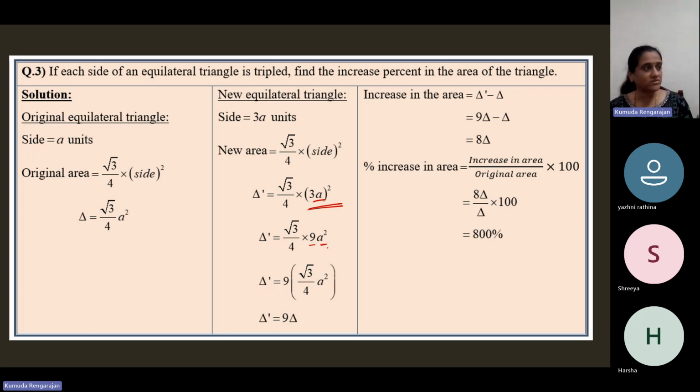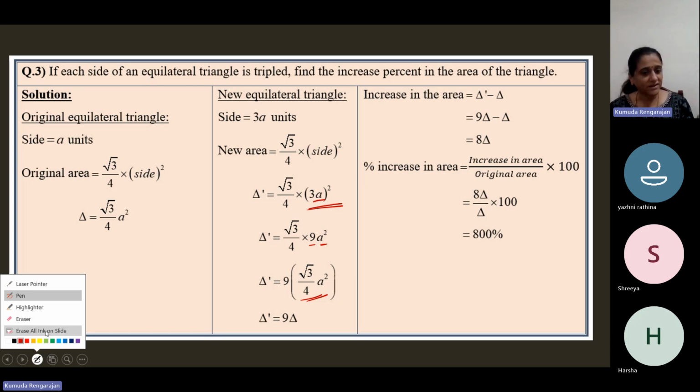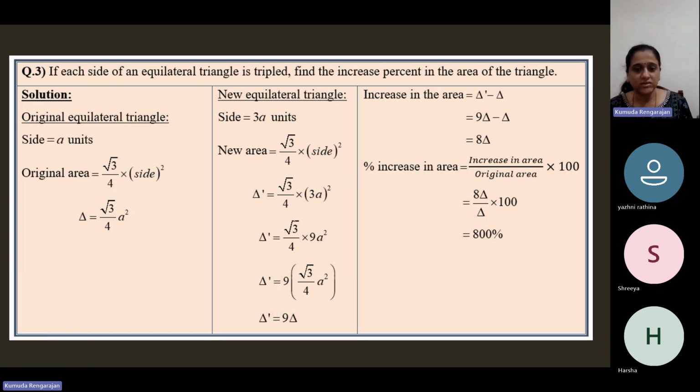So put root 3 by 4 a square inside the bracket, and write the 9 outside the bracket. So delta dash is equal to 9 times delta, because root 3 by 4 into a square is delta.